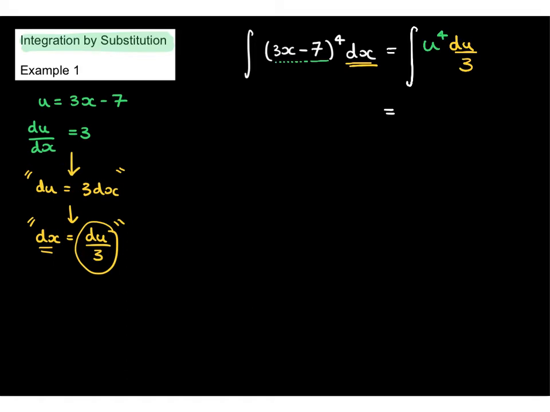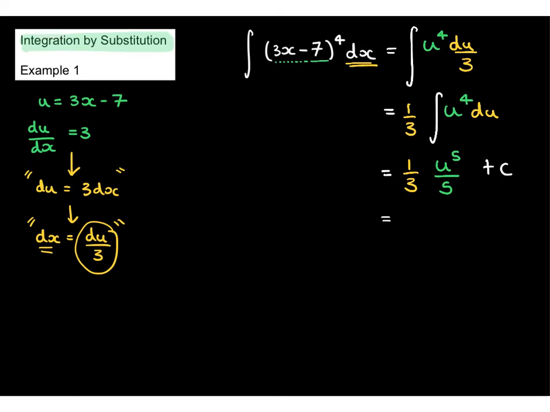I can pull the factor of 1/3 out of the front of the integral. I then have the integral of u to the power of 4 with respect to u. So we then get 1/3 u to the power of 5 over 5, and of course we need to make sure we include a plus c because this is an indefinite integral.